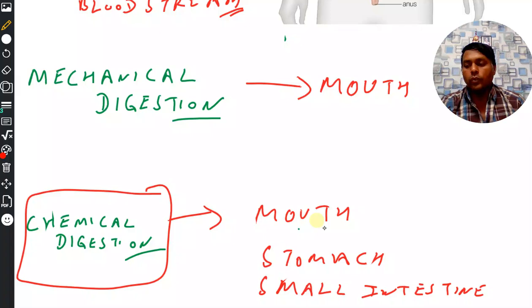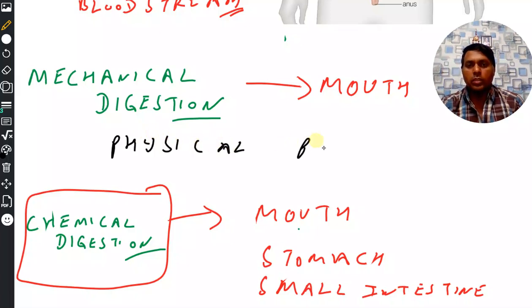In mechanical digestion, large chunks of food are broken into small pieces. It is a physical process, not the chemical one. It involves the mouth, such as chewing by the action of teeth and tongue. Mechanical digestion continues in the stomach as the food is mixed with digestive juices.